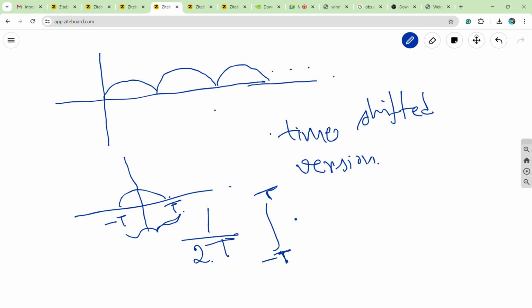So this is equal to the integral of mod y(t) square dt, which is the energy over this time period.